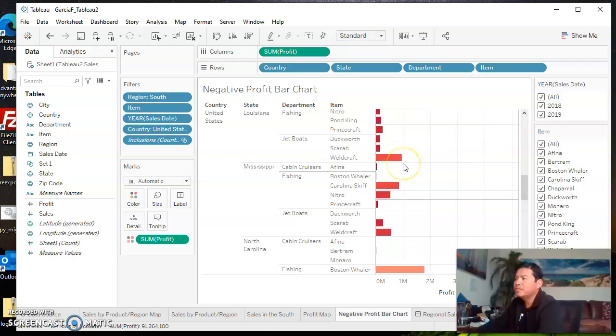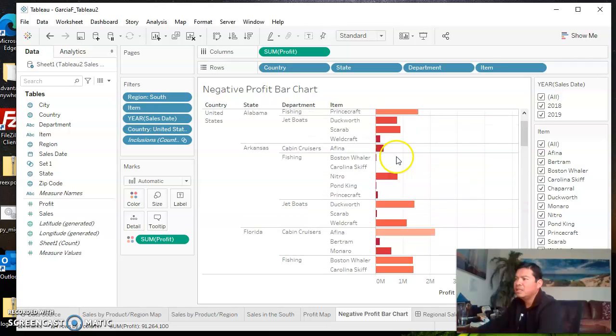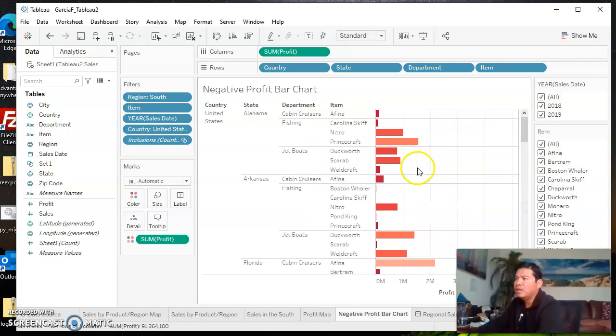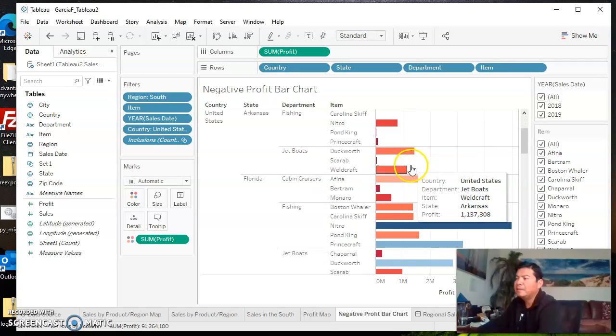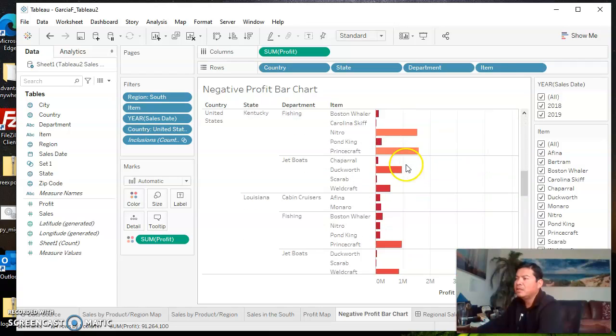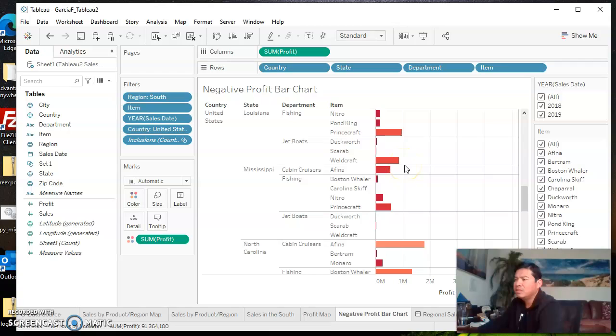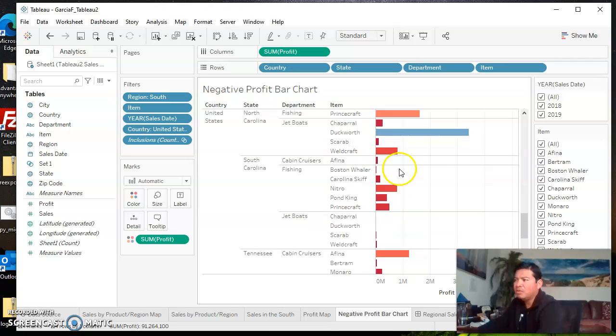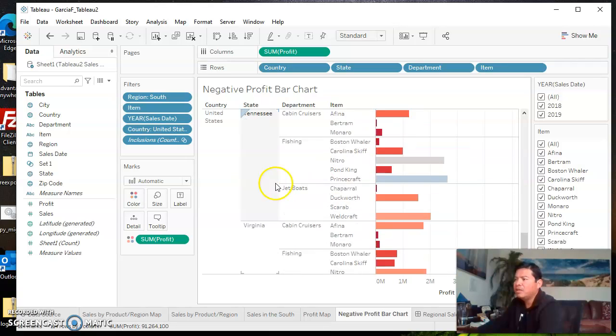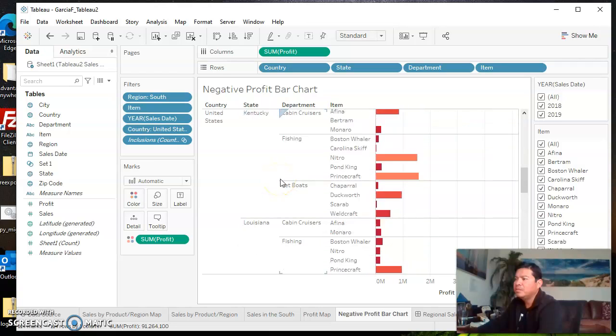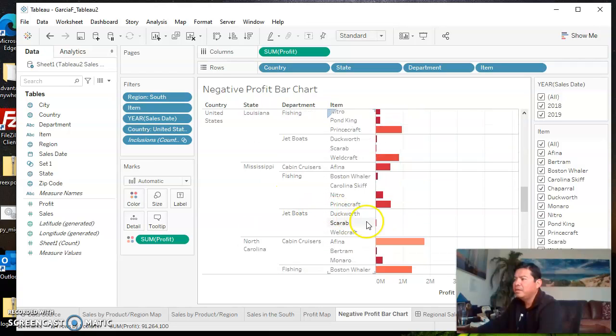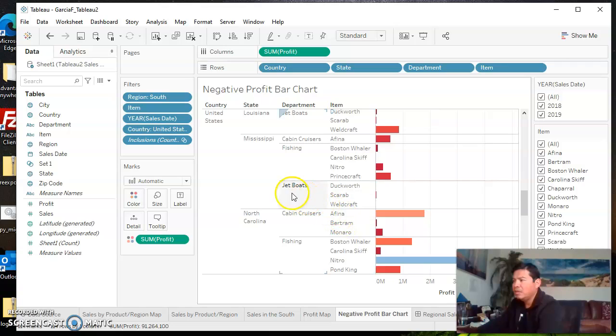In this south region, like I said earlier, the states that I found were not selling much were South Carolina and Mississippi. Here you can see how jet boats are not selling at all.